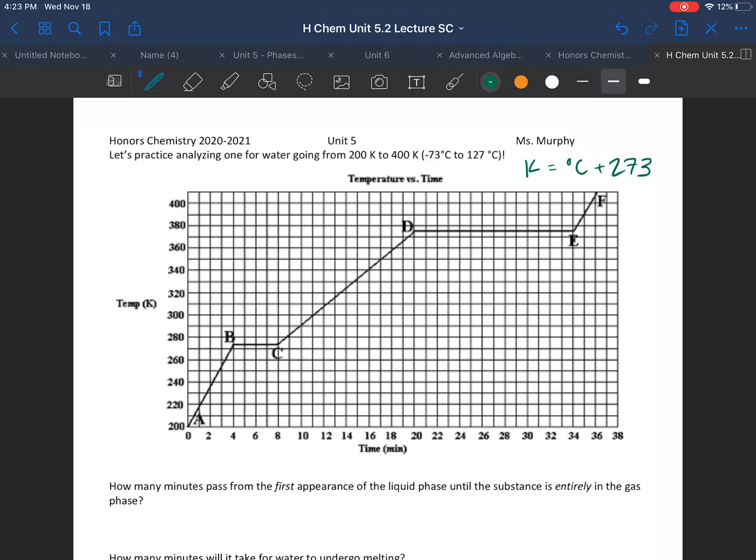What we should see is that the melting is at 0 degrees C, our melting point, which in Kelvin is 273 K, which is where this line represents. And then we know that water boils at 100 degrees Celsius, so this should be at 373 K, which is where we see the segment from D to E.